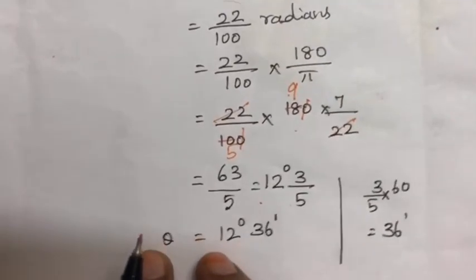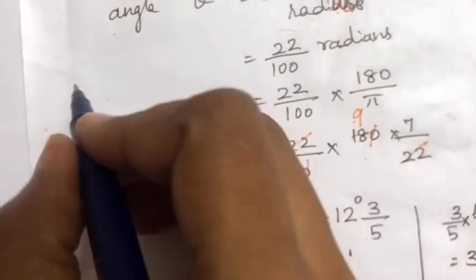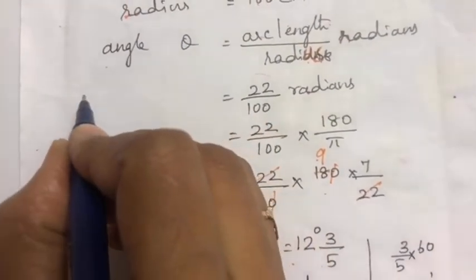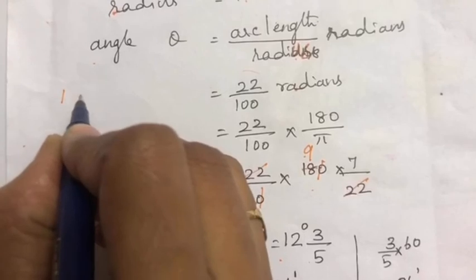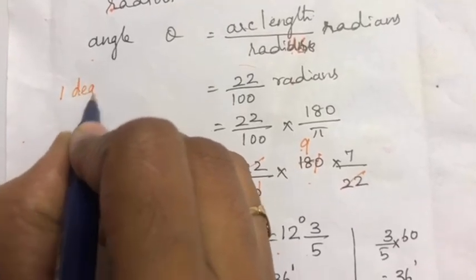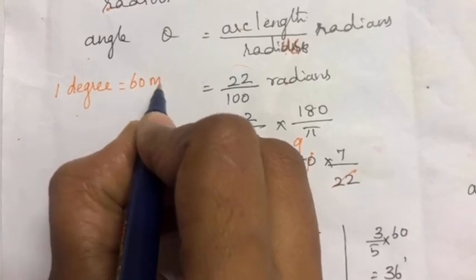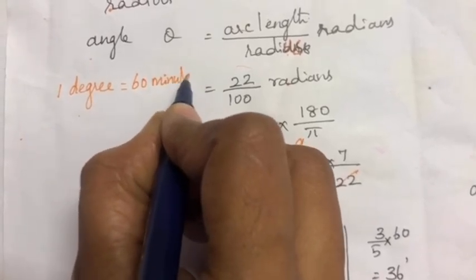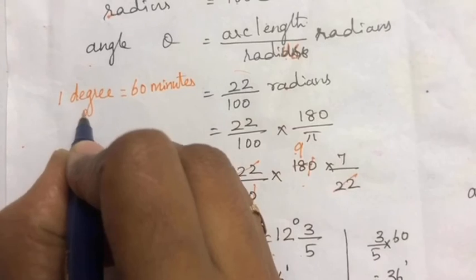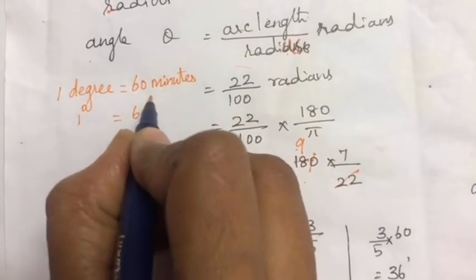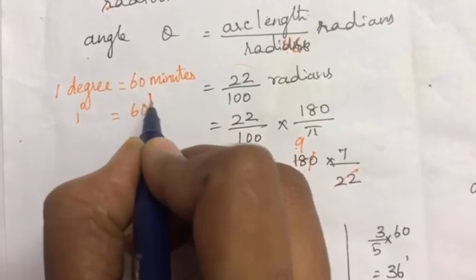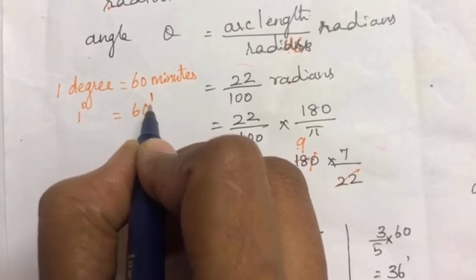In degrees, you know one thing. 1 degree is equal to 60 minutes. We used to denote minutes as a single dash.